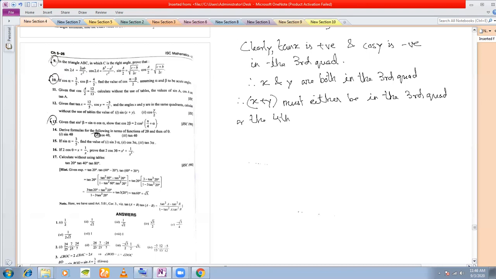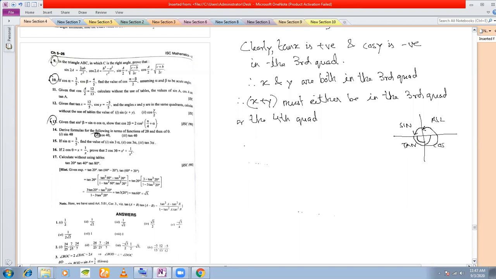Now the question is, why cannot it be in the first quadrant? Suppose this is your all sin tan cos. It can either be in the third quadrant or in the fourth quadrant. The question is, why can't x and y be in the first? It can always come to the first quadrant, it can always come to the second quadrant also. So why can't it be the first and the second quadrant? Why only third and fourth?